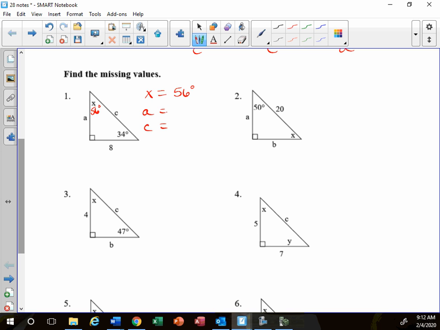So you need to use sine, cosine, or tangent to set up an equation where you can find one of those missing sides. Anybody have a thought with where we want to start? Doesn't matter if you find A or C first. Any ideas? Sine of 34.